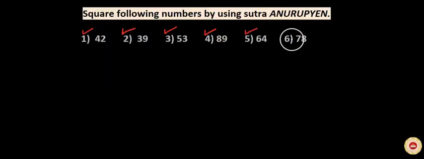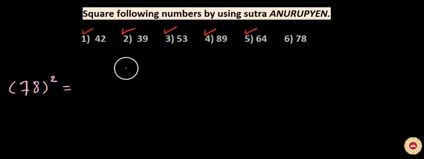Sixth example, 78 squared equals. Now as usual, let us obtain the answer in three parts: left part, middle part, right part. Let us first calculate the ratio. Ratio of what?